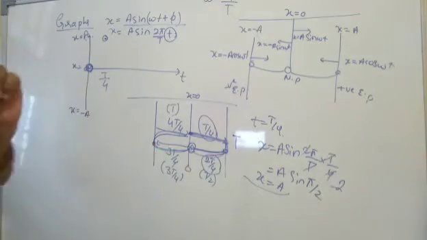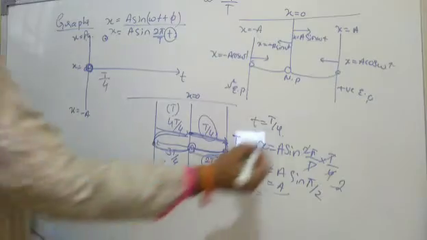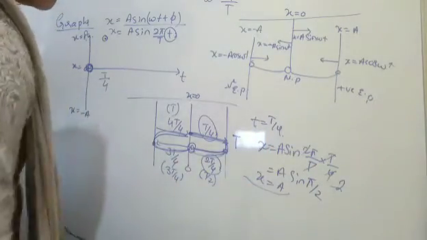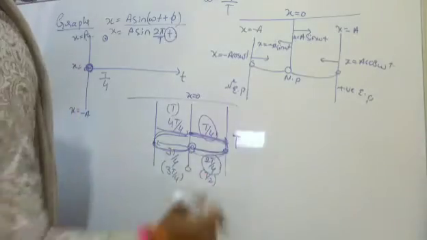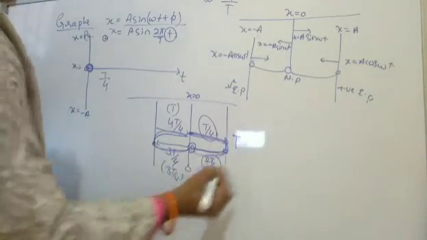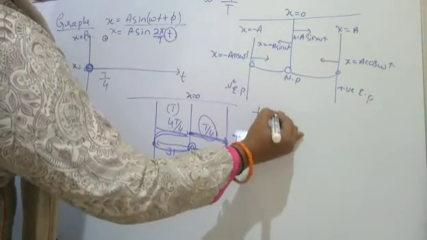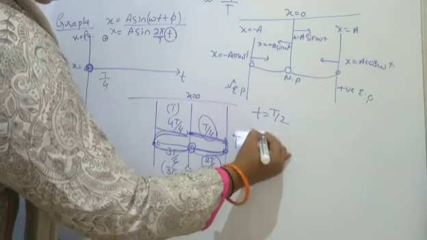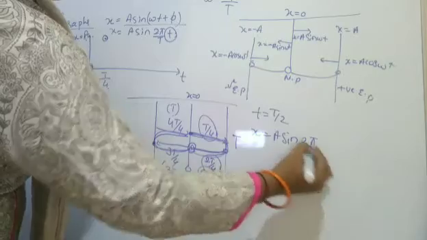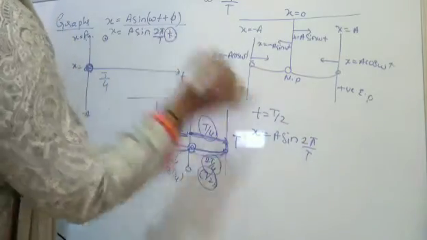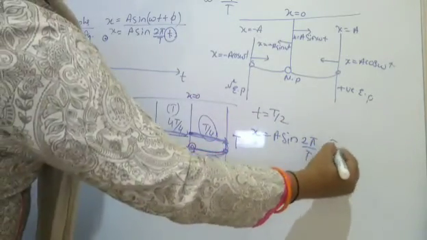For the next position of the particle, let us put t equal to T by 2. Where t is equal to T by 2, x is equal to A sin(2 pi by T times T by 2).